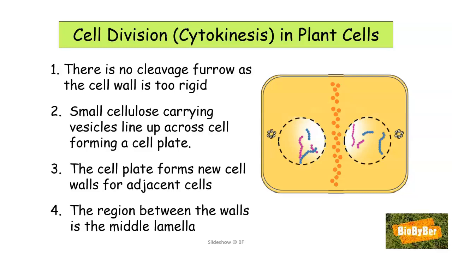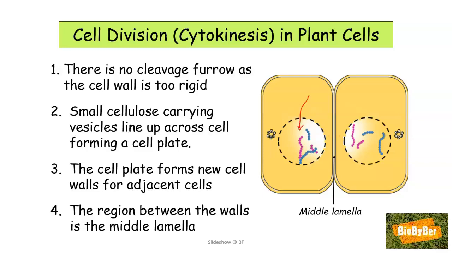This cell plate will form new cell walls for the neighbouring cells. The region between the walls is called the middle lamella, resulting in the formation of two new identical cells with the same number of chromosomes as each other and as the parent cell.